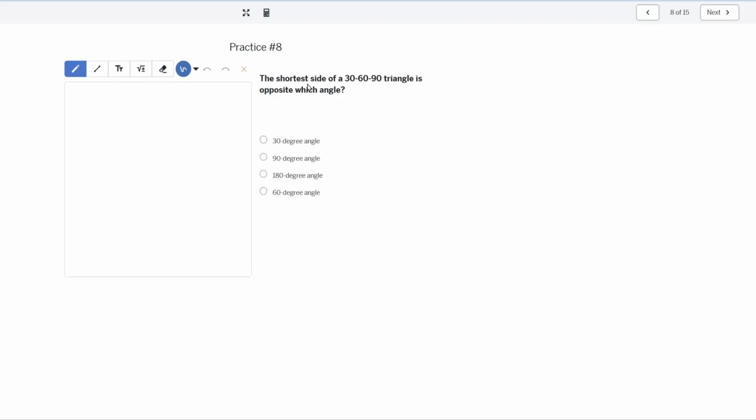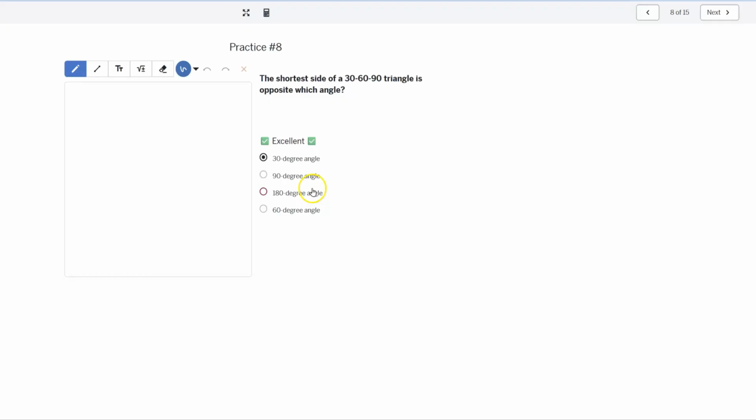Kind of just open and close your hands and think, right? The bigger you open up your hands and you drew a line at the end of your fingertips, that would be getting longer as you open it wider. So it's making sure you get that visual sense. So the side opposite the 30 degrees is going to be our shortest side. It's our smallest angle.